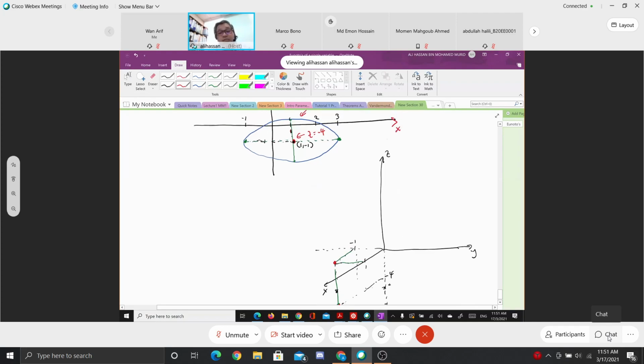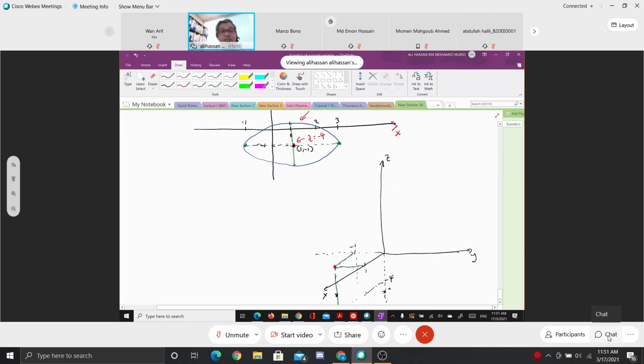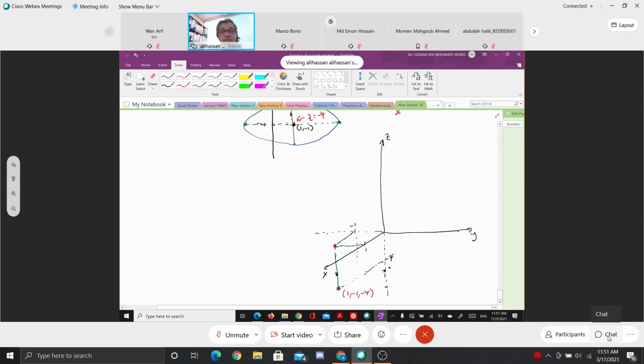It is something like, along the x, it is elongated here, right? Somewhere here. Something that looks like this.